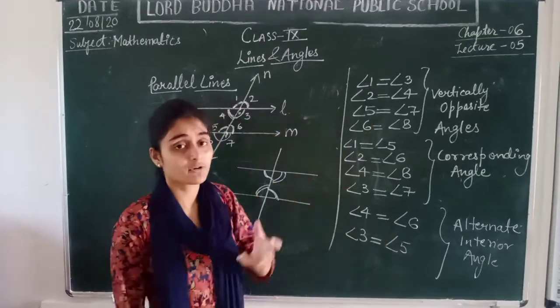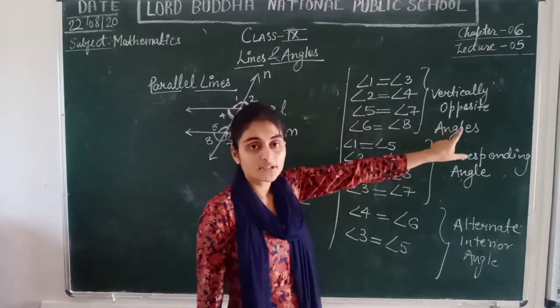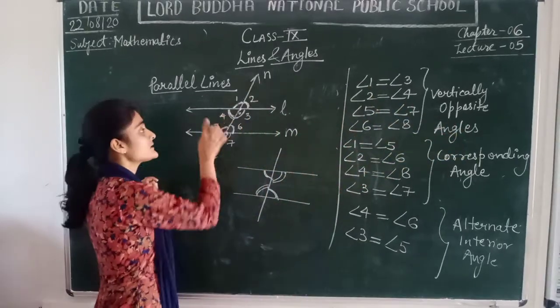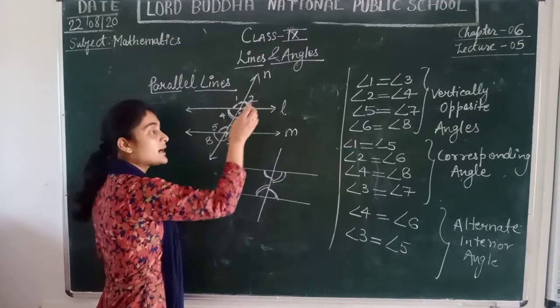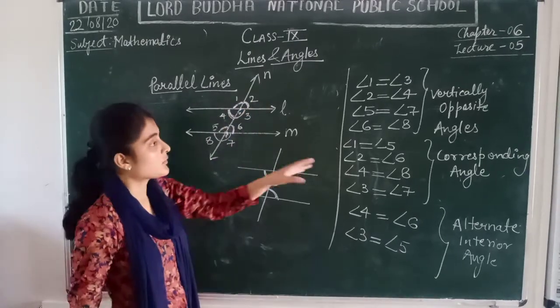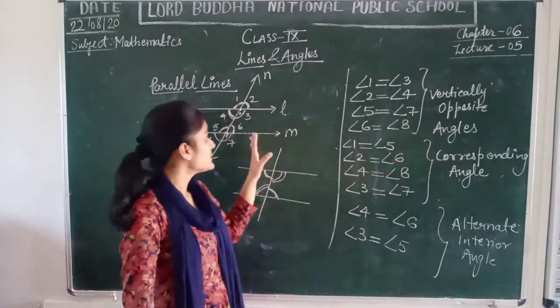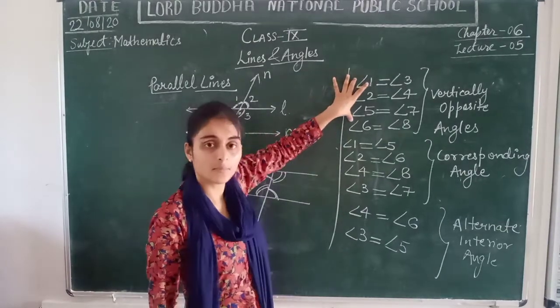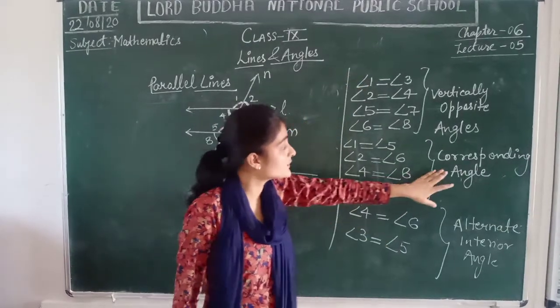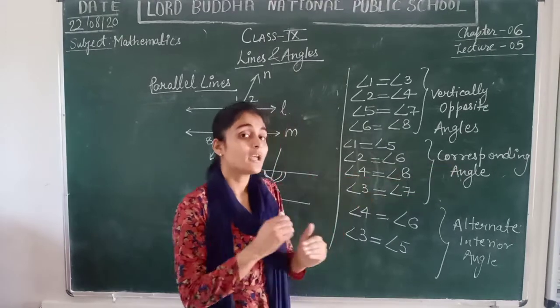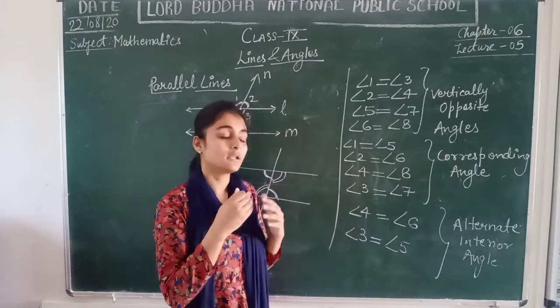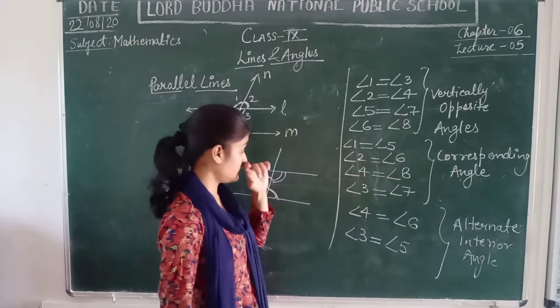Let's have a quick revision. Vertically opposite angles: if two lines intersect, the angles which are at vertically opposite positions are called vertically opposite angles. In this figure, there are 4 pairs of vertically opposite angles. Now moving forward, corresponding angles: if they have similar position, they will be called corresponding angles.